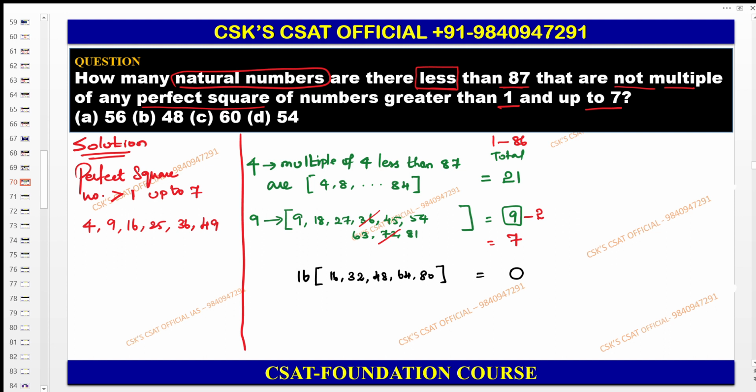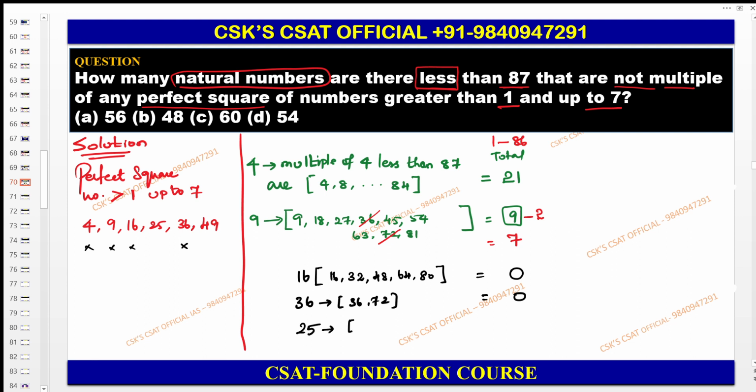Actually 5 numbers are there. Those 5 numbers are already included in the 4 table. Right? So therefore you should not add. Now similarly we can go with the 36 also. 36 means what? 36 and 72, those two are already included in the 4 table, therefore put 0. Right, now we have completed 4, 9, 16, then 36 also completed. Now let us move on with the 25.